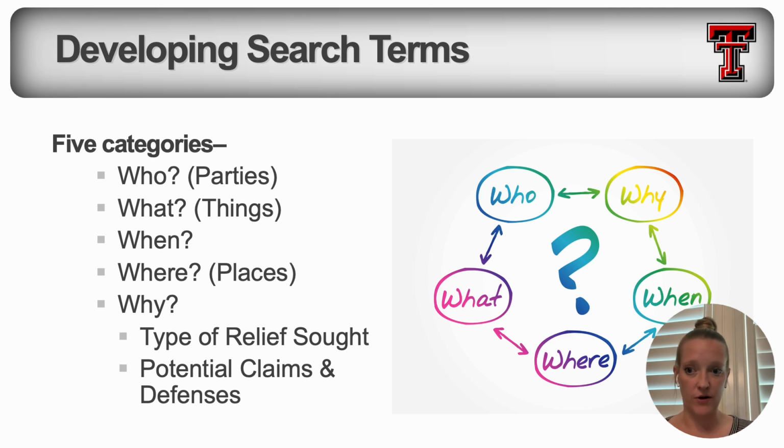Who are the parties involved? What's happening, right? What's happening in this particular scenario? When did it occur? Where is it happening? And then finally, why? So thinking about what types of relief may potentially be sought, as well as the potential claims and defenses that might be presented or used in response.